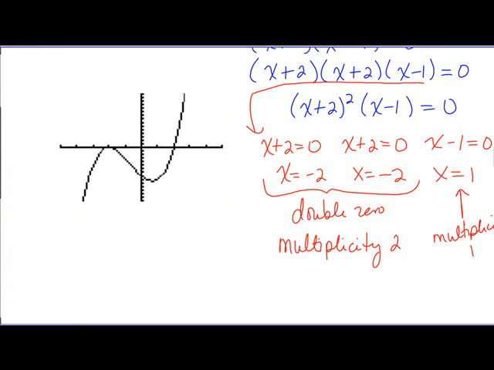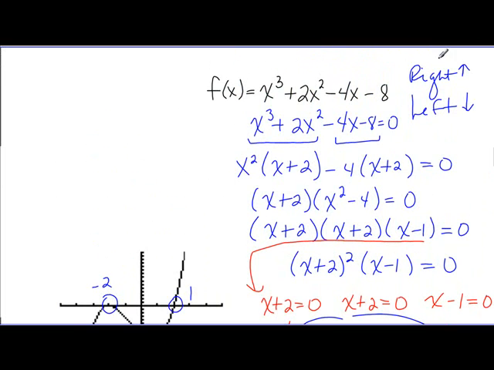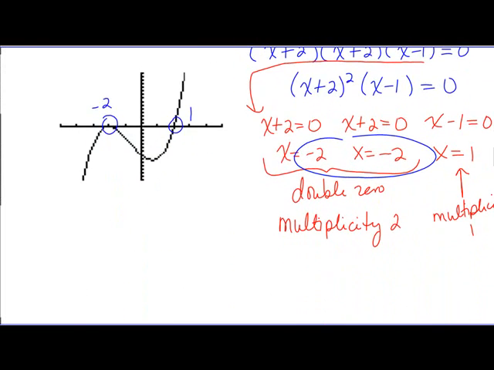So we have an x-intercept at negative 2 and an x-intercept at positive 1. Also notice that our end behavior was correct. The right end goes up, the left end goes down, like we expected. Right end goes up forever, left end goes down forever.